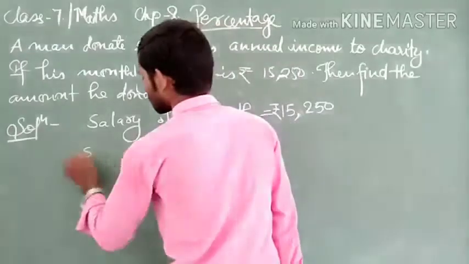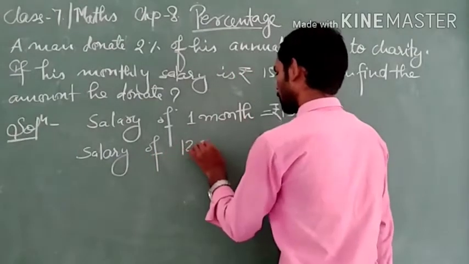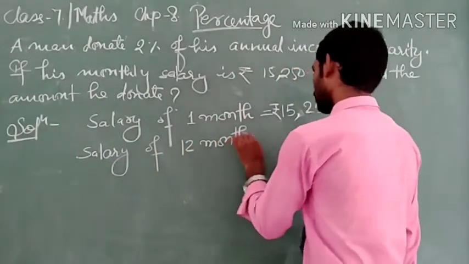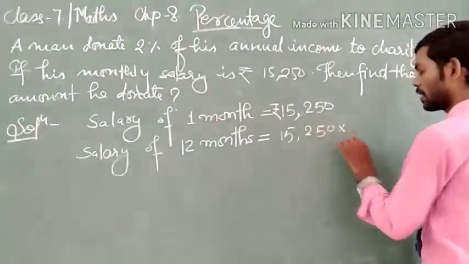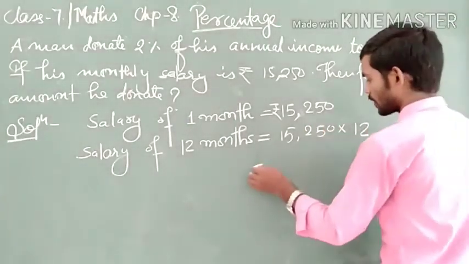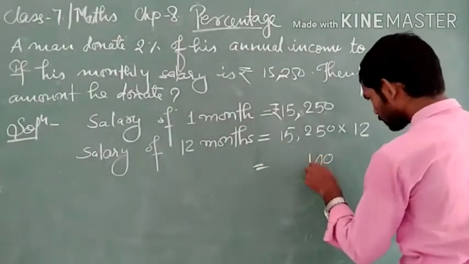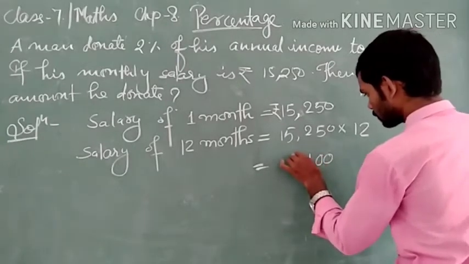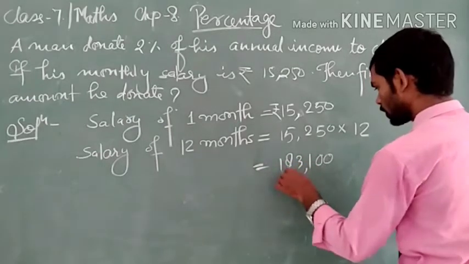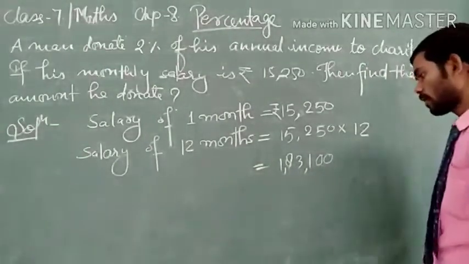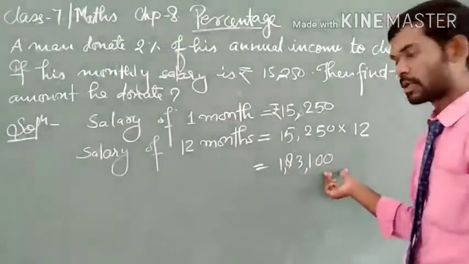So here we write, salary of 12 months is equal to 15,250 multiplied by 12, and when we solve we get 1,83,000 rupees. This is the annual income of the man.